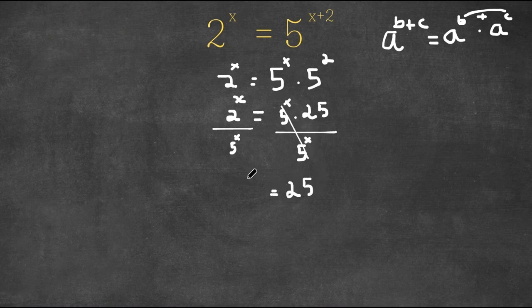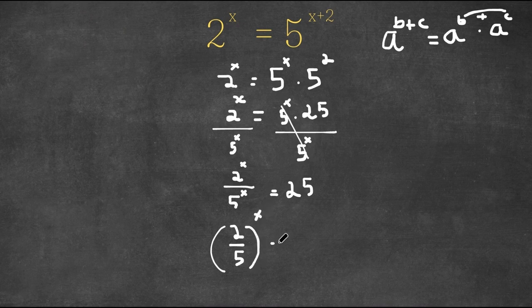And on our left-hand side, we'll have 2 to the x over 5 to the power of x. And this can actually be written as 2 over 5 to the power of x. And this is equal to 25.